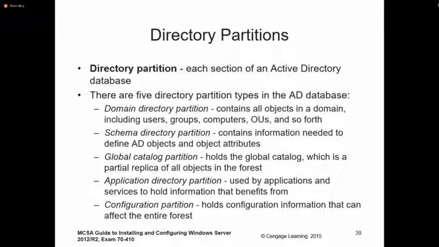Now these partitions will be stored in files, right? So if any of these become corrupted, then we have an issue. So most probably, the primary domain controller, or the one which has most of these partitions, you should make sure that server is reliable.